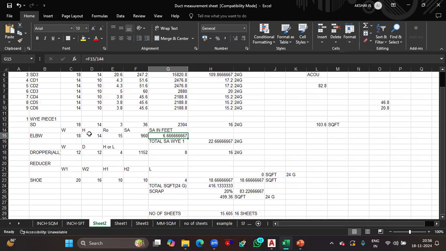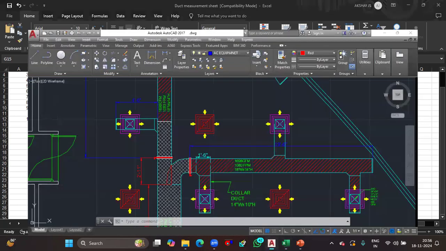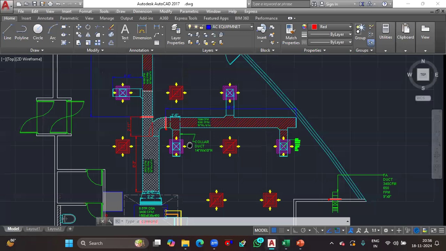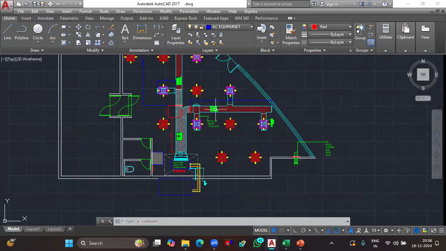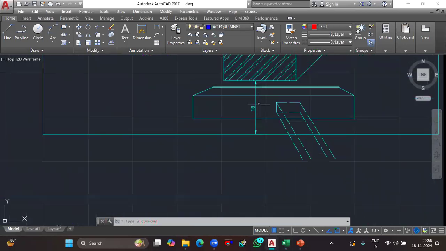12 cross 12. Then it's about the length, which means the height of the collar. So what about the height of the collar? Here, this is the concept. You can see, this is the entire length, isn't it? That means BOB to false ceiling is around 18 inches. In between this distance, we got 2-inch clearance on top side and 2-inch clearance on bottom side.